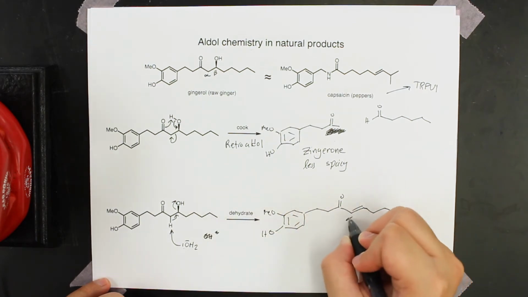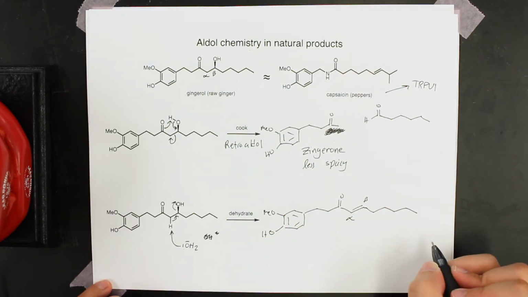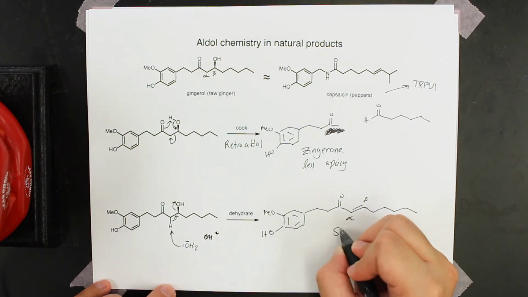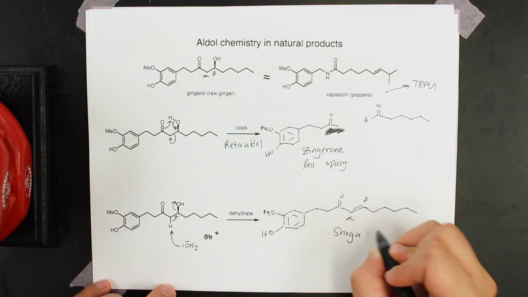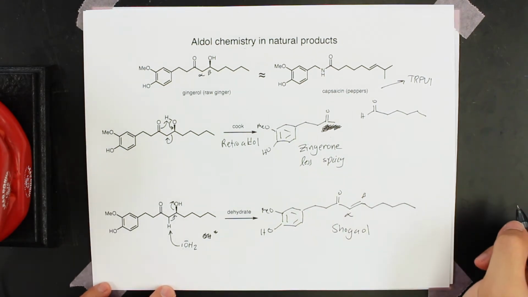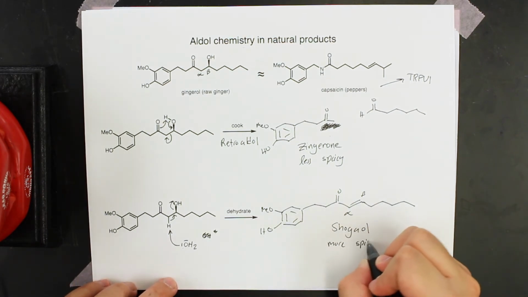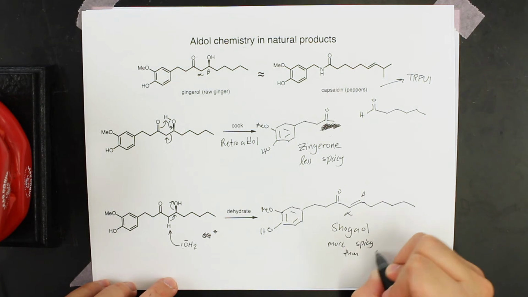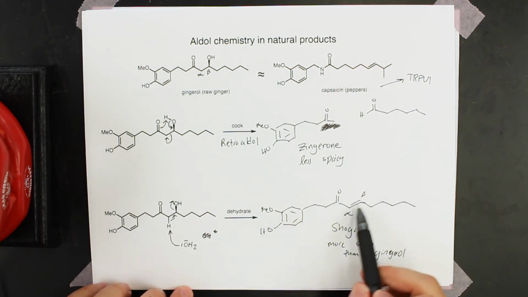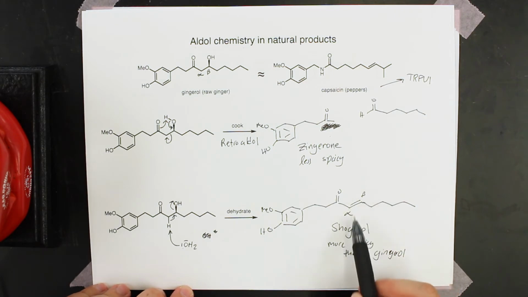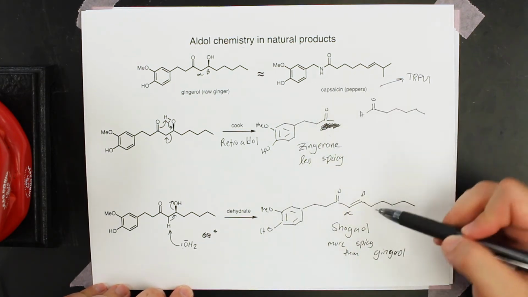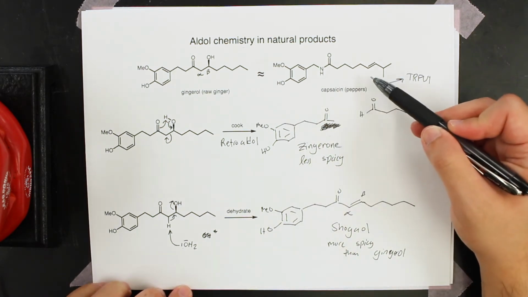an alpha-beta unsaturated ketone. This molecule is called shogaol. And this compound is actually more spicy than gingerol. And the reason being is by performing an elimination, we've made this structure more analogous. It's more similar to capsaicin.